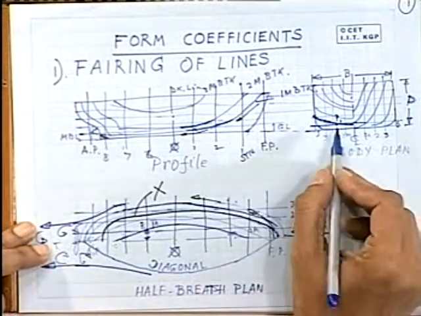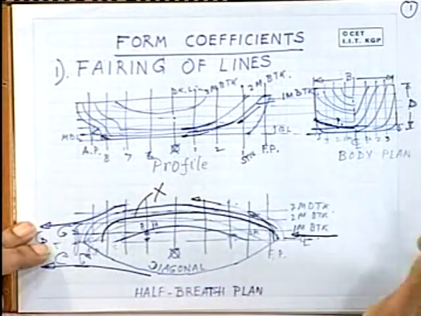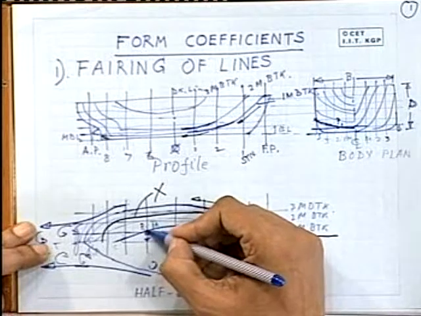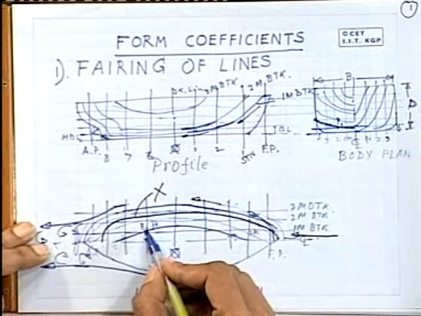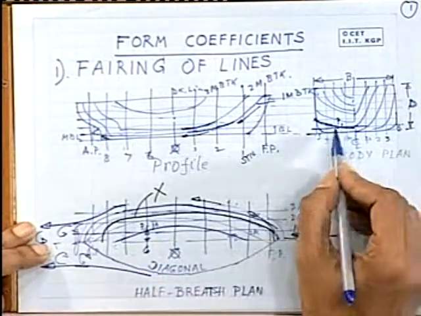Now, if that is not so, that means there is some gross error or mistake in drawing the water line. So again, you have to move or increase the breadth at say station number 6 in order to make it the same.